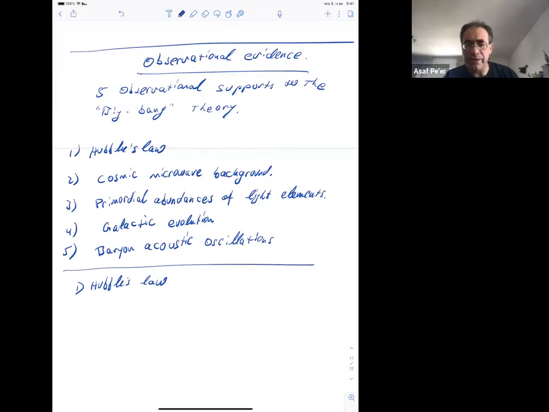So he made measurements, the 24 galaxies, which he published in his original paper. He determined the radial velocity of 24 galaxies, for which he could estimate the distances. The universe expands.